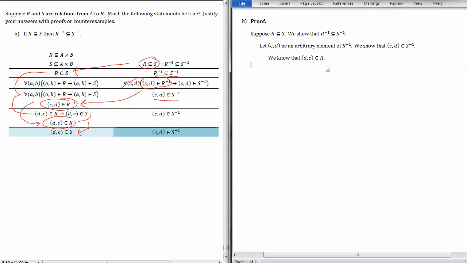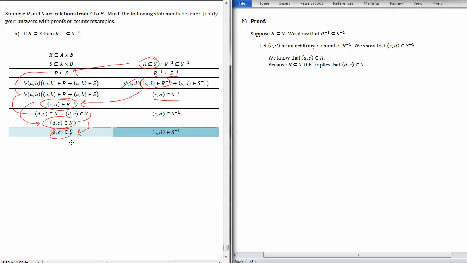Oops, got some funny things going on here. Let me see if I can iron this out. Okay, because R is a subset of S, this, meaning what I wrote in my previous line, implies that (d, c) is in S, and that gives us our goal, right?